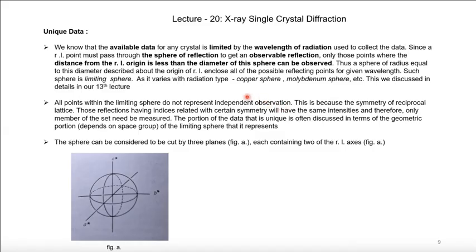A plane that is independent, not dependent on other planes or other factors. We will see that we are getting lots of theoretical data points if we use the copper sphere or molybdenum sphere.